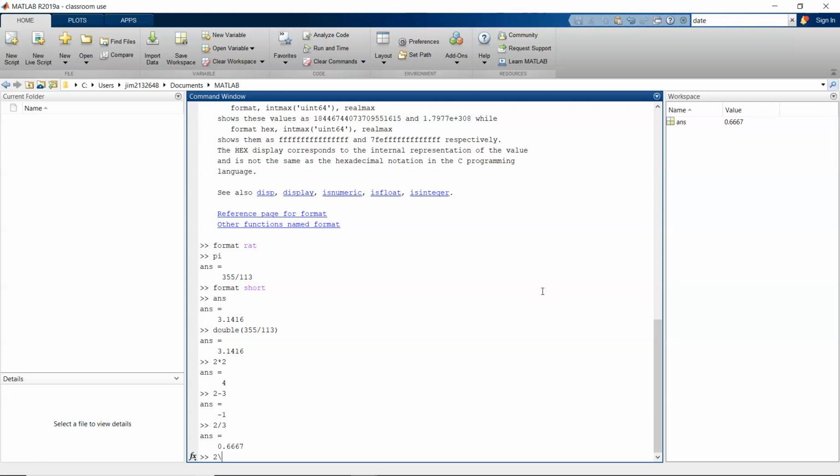And it's like a goes into, like Jethro Bodine of the Beverly Hillbillies. 2 goes into 2 one time.